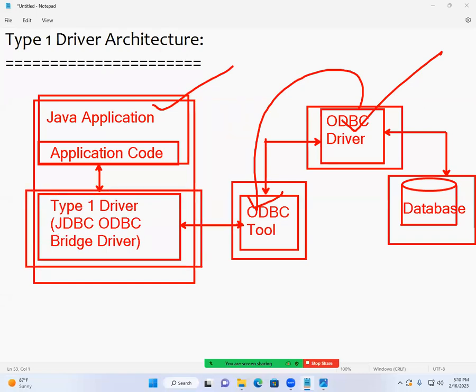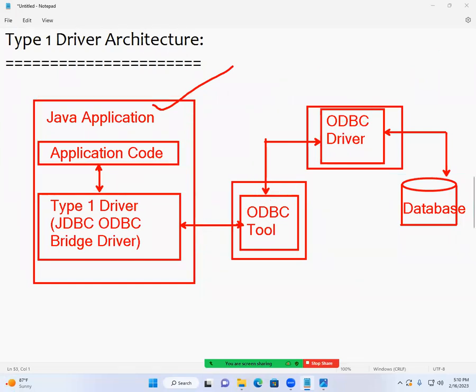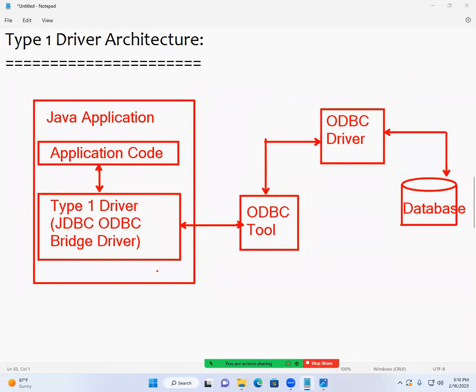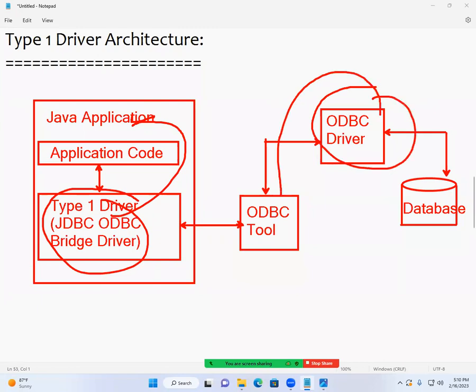This comes with a predefined Java library, so this is also one separate software. Like that, if you think, it is one software, 2, 3, 4, 5 like that. But what we'll do, the type 1 driver will load in our Java program, and this driver is already present in the ODBC tool. That's what 1, 2, 3 I'm saying. Otherwise, all 5 are independent.